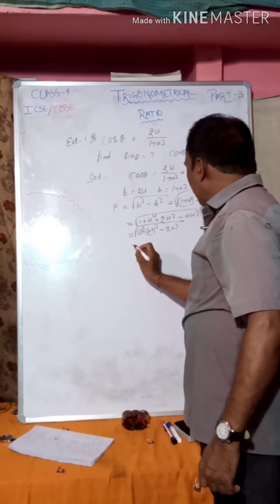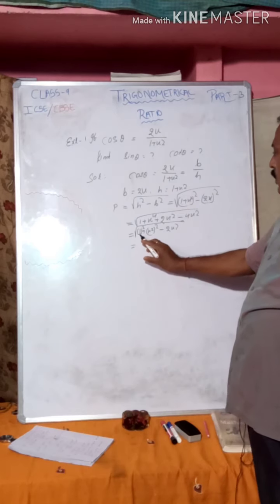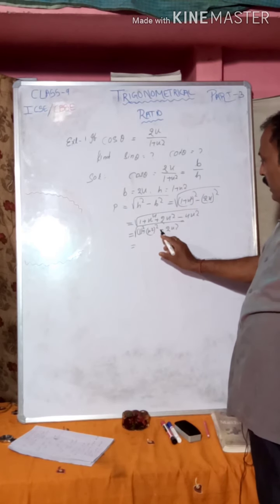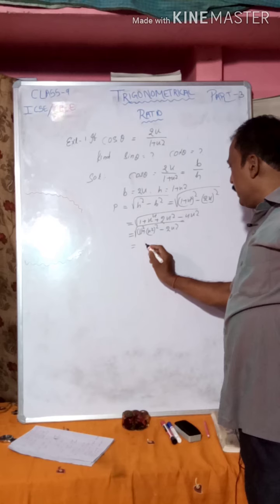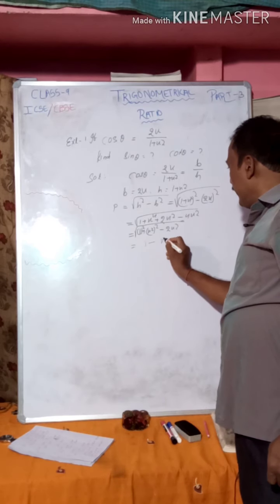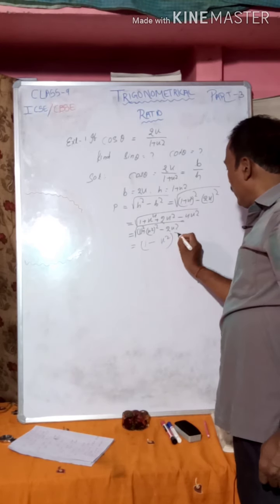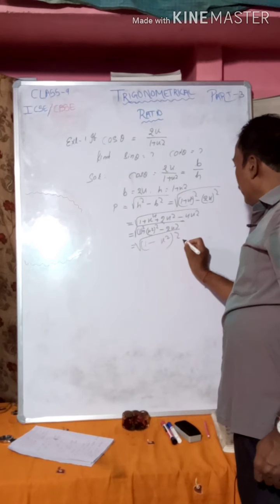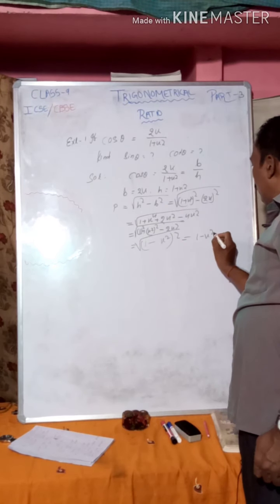So that is equal to a square plus b square minus 2ab, that is equal to 1 minus x square whole square square root, that is equal to 1 minus x square.